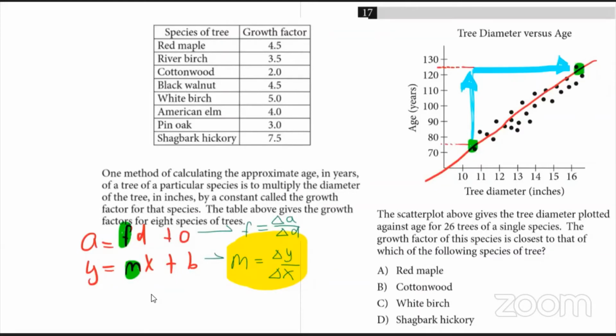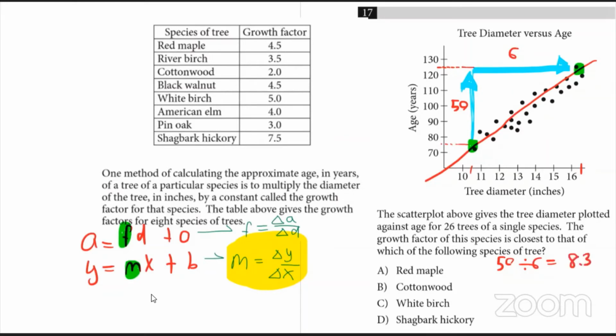So it's increasing by 50. And how much is it running by? So I have it at 10.5 going to 16.5. So it's running by about 6. So what's the slope for me? It's about 50 divided by 6. And 50 divided by 6 gives you 8.3.